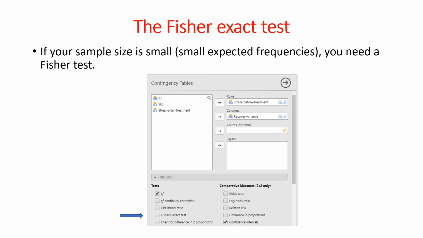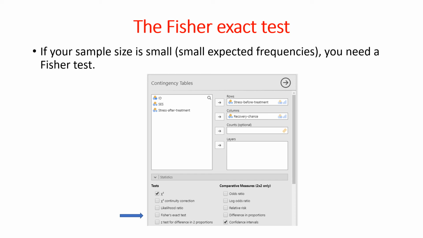Well, what happens if these assumptions are not met? For example, in some research studies, you can't really get a big sample, so you don't really have access to big populations or samples. So your sample size is very small. So accordingly, you will have small expected frequency. If that assumption is violated, then you can use a Fisher's exact test, which is a very robust test. It's just exactly the same procedure as the chi-square test of association.